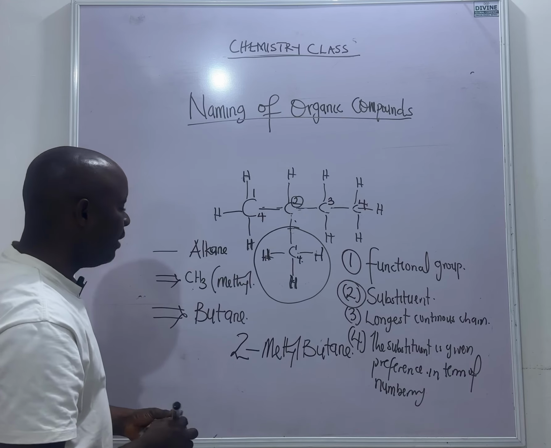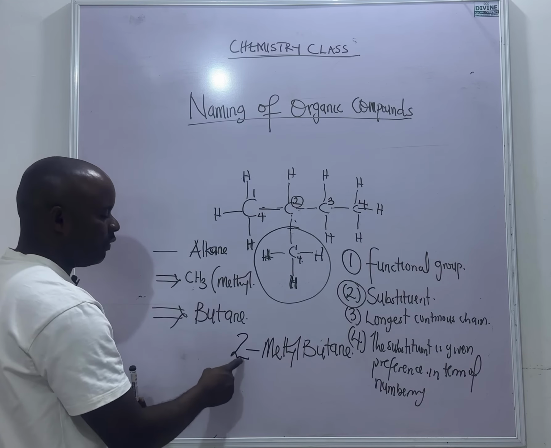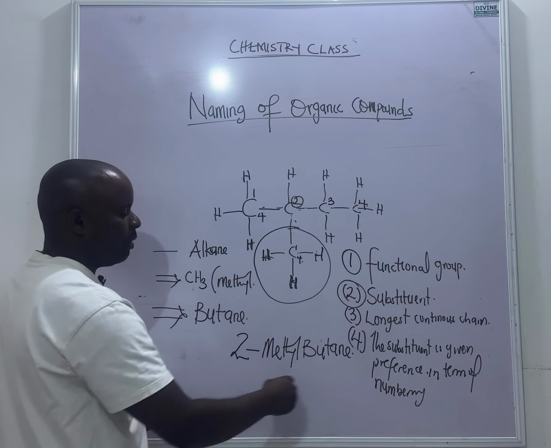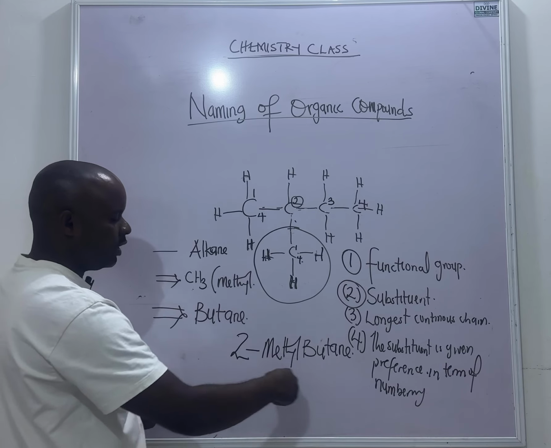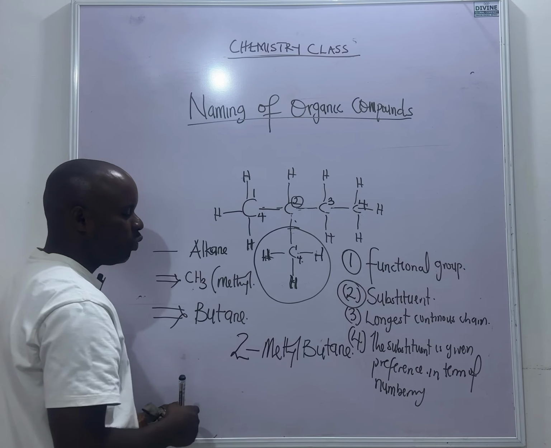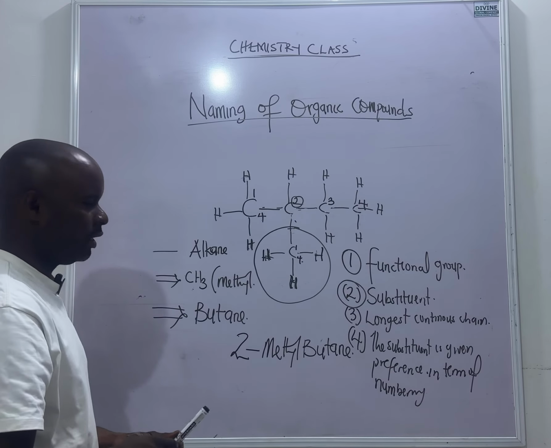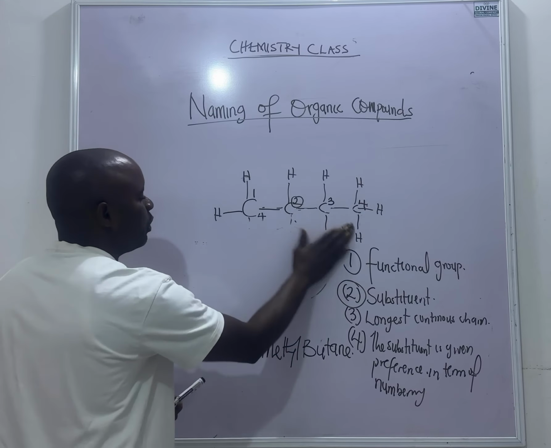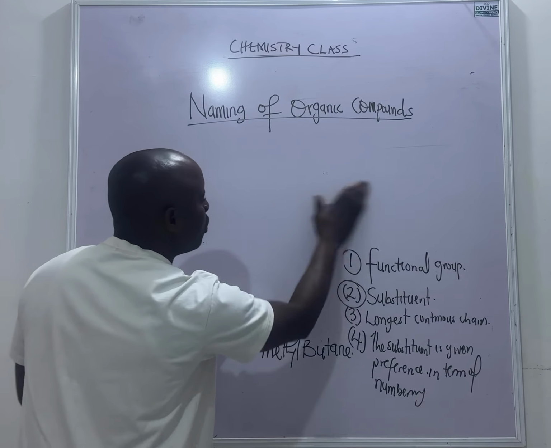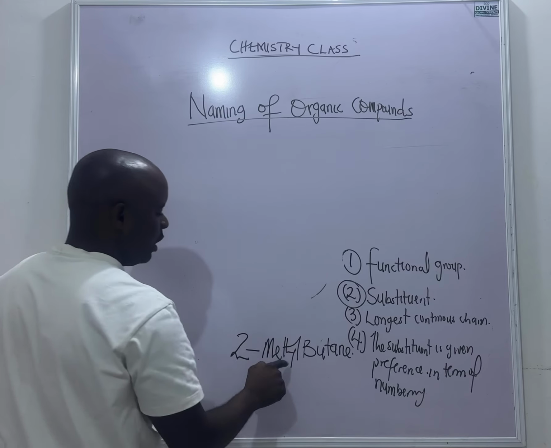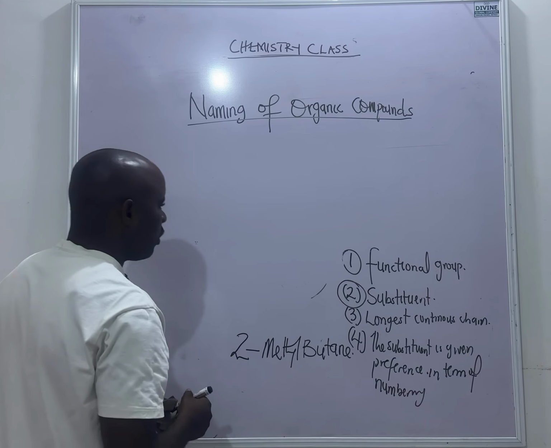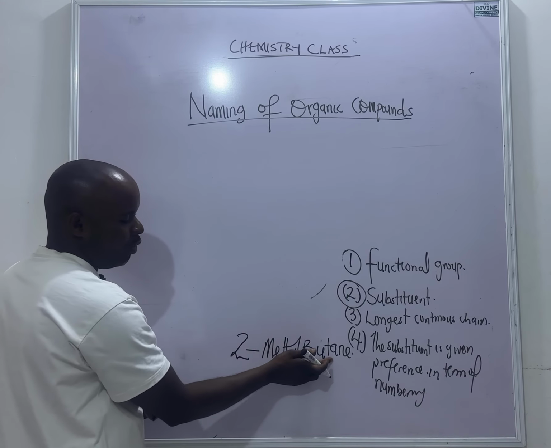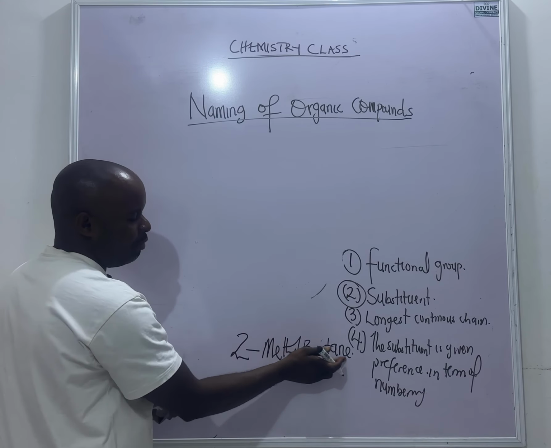So by so doing, with the essence of this IUPAC nomenclature, we should be able to use it to get the structural formula of this compound. That is the essence of having this IUPAC nomenclature. For us to have the structural formula of this compound, we said the family name is butane, and every butane contains 4 carbon.